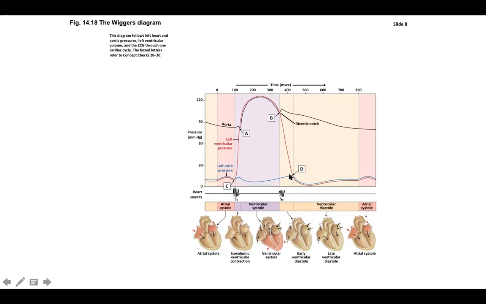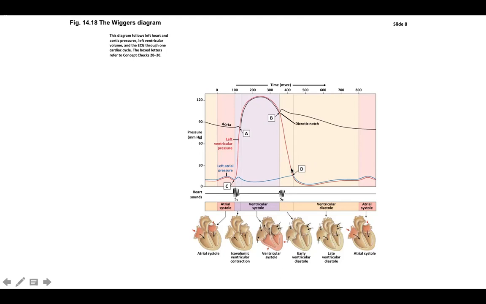And at point D, there comes a time when the ventricular pressure is lower than the pressure in the atrium, and the atrioventricular valve, the mitral valve, opens. So at point C, that's where the mitral valve closes. At point D, that's where the mitral valve opens.